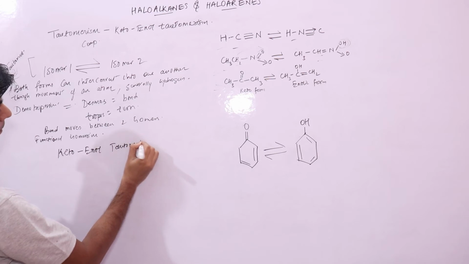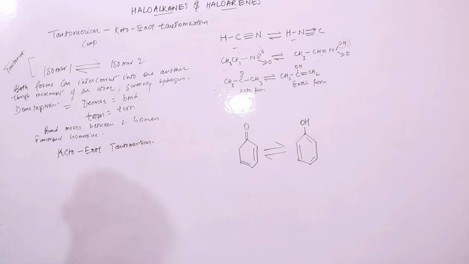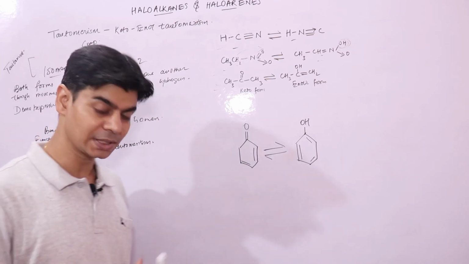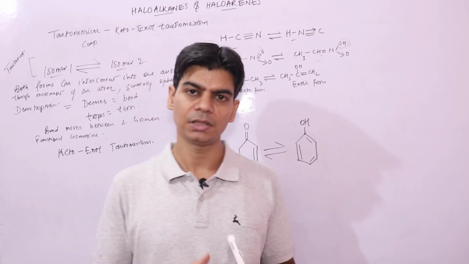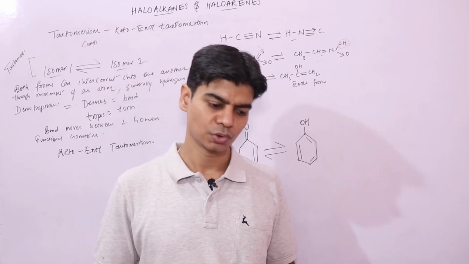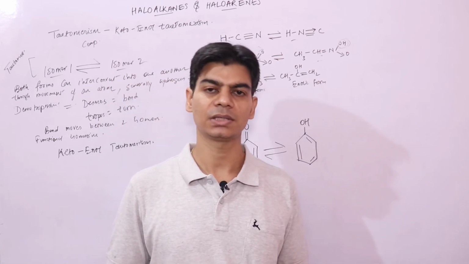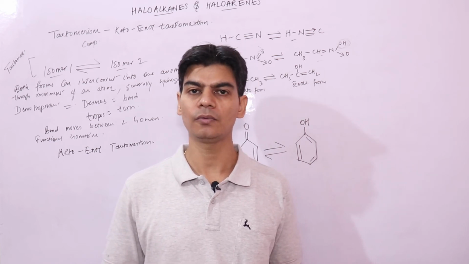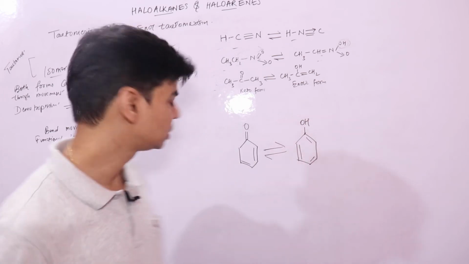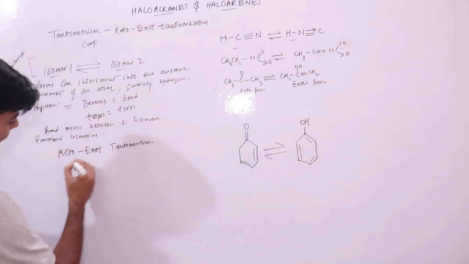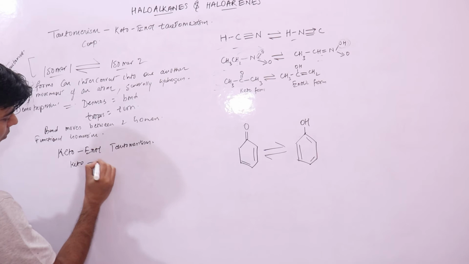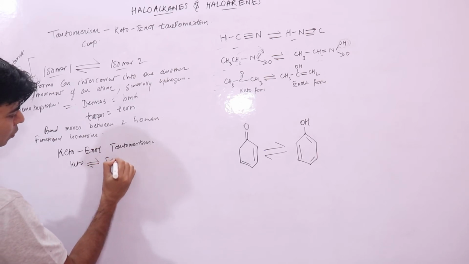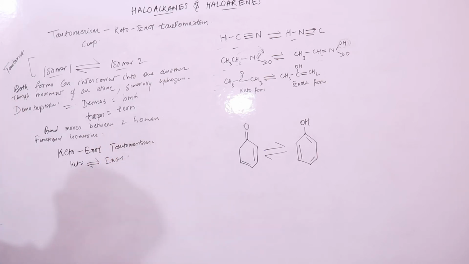In keto-enol tautomerism, the two isomers, right? Since I said this is a special type of functional isomerism, one isomer has a functional group of ketone, right? And the other isomer has a functional group of alcohol, enol. Enol is for alcohol. So here you have a keto form which is in dynamic equilibrium with the enol form, right?